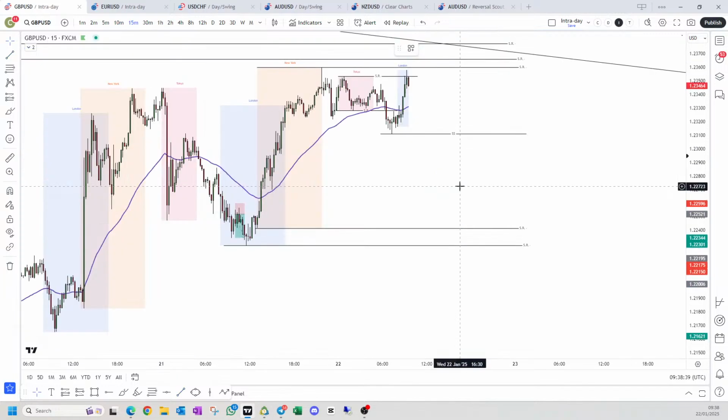Cool, so that's the tail of GU today. Let's break that down and see what that means.